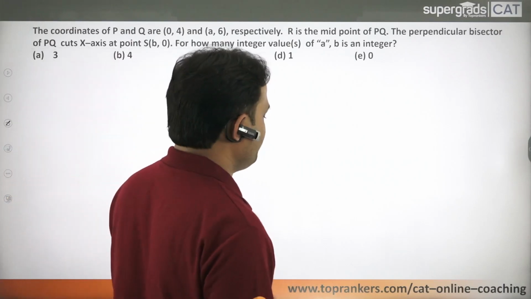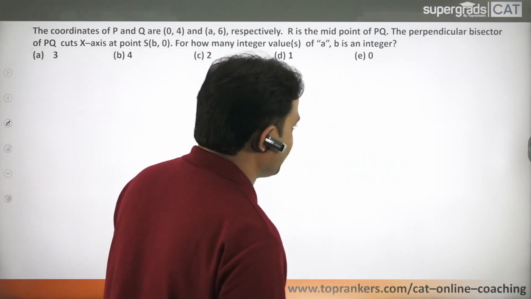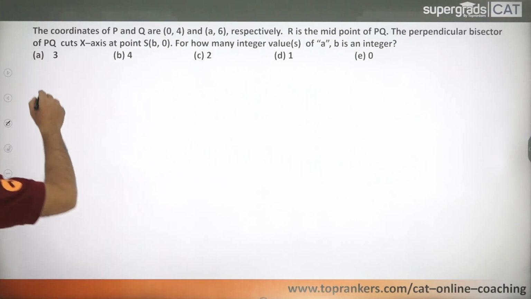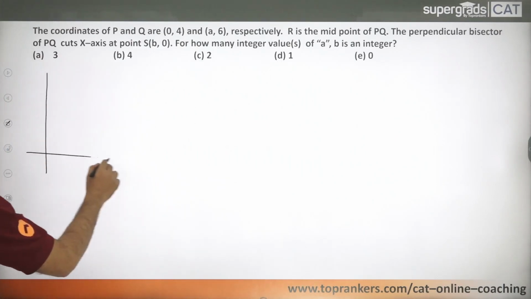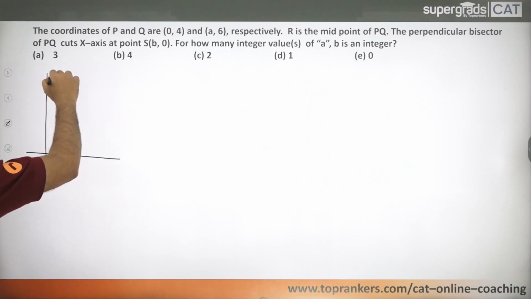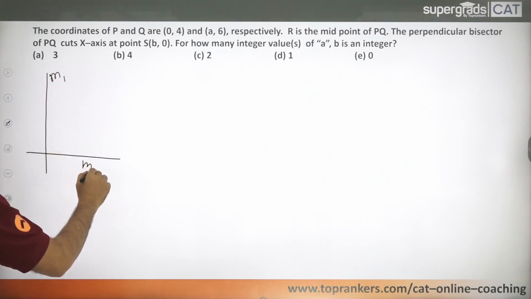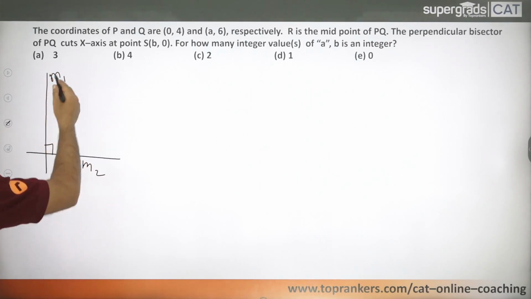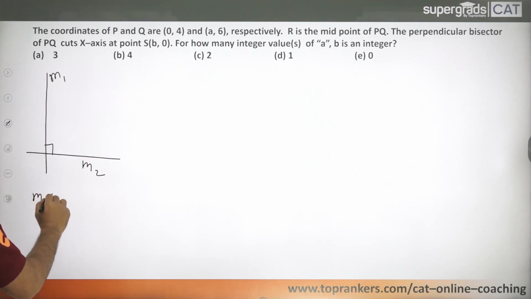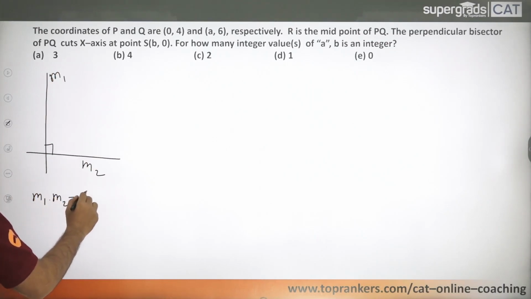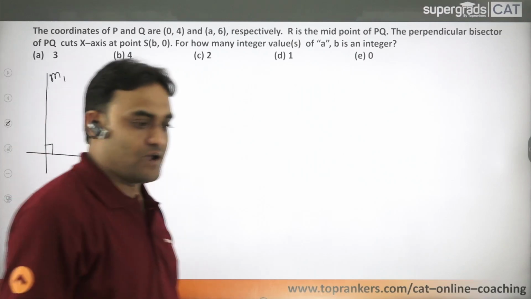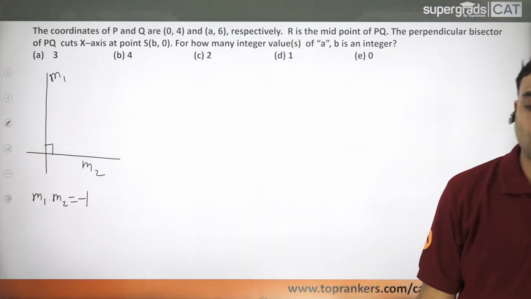If you remember, in coordinate geometry, for two perpendicular lines, if the slope of this line is m1 and the slope of this line is m2, then we can say m1 into m2 is equal to -1. m1 and m2 are nothing but slopes. What is a slope?